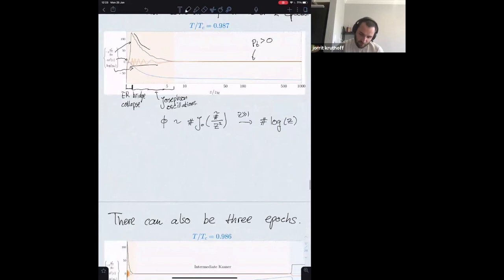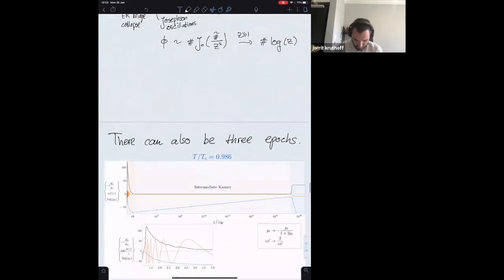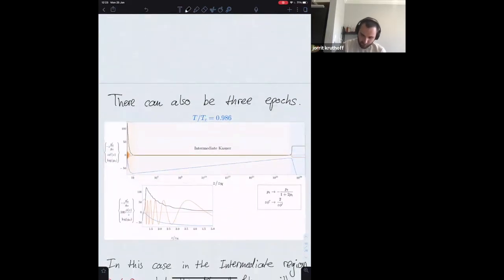But if I change the temperature only very, very slightly, there's actually a new regime that pops up. This regime and this regime is what we knew before, and that's what I told you already. But then here there's a new regime, and you see that there's again an inversion happening. The reason for that is that by changing this temperature very slightly, this PT in the intermediate regime is negative.